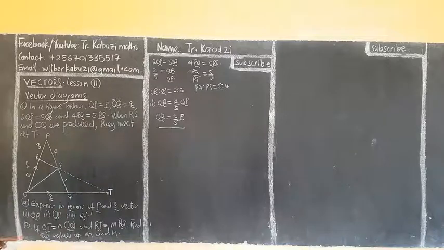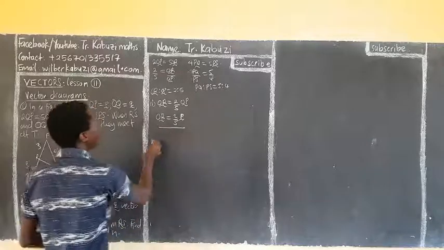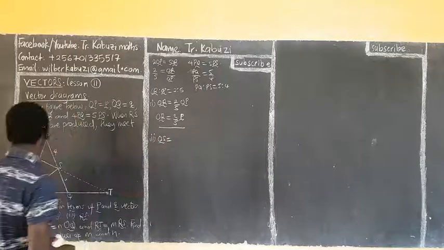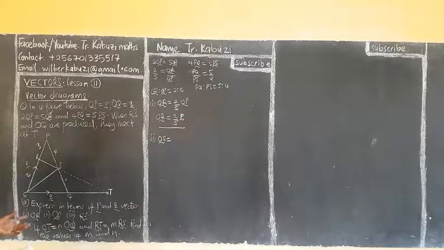Now I want to get OS. How can we get OS? OS is here. Amendment 2, let us get our OS. Is there any information? No. So OS will be OP plus PS, or OS can be OQ plus SQ. Either, but let me take this direction of PS.